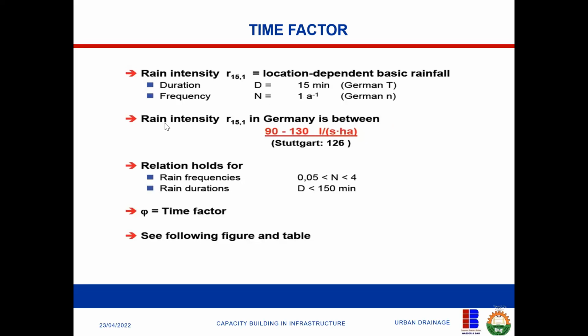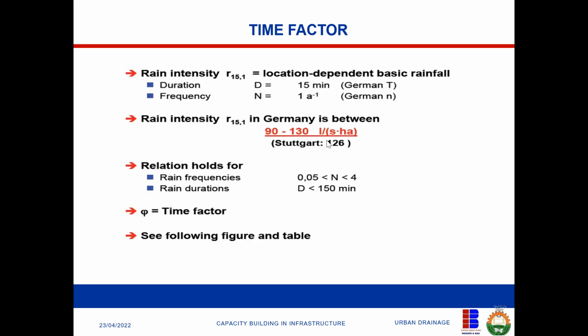So for instance, in Germany, from their table, from their chart, for a 15-minute rain at a frequency of 1, or a time period of 10, the value is between 130 and 190 liters per second per hectare. I'll still analyze this.